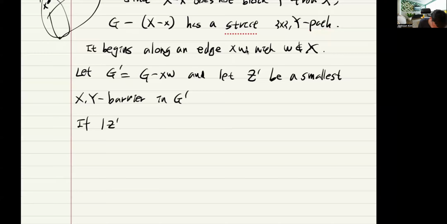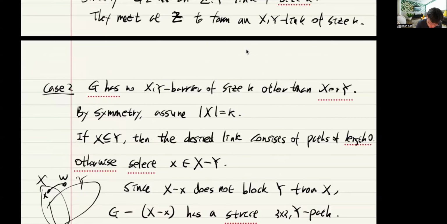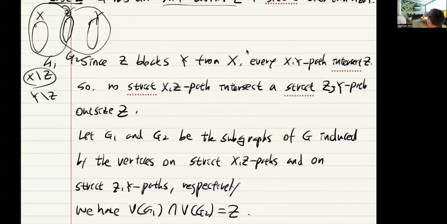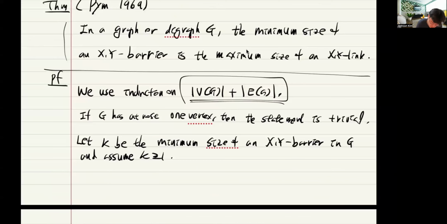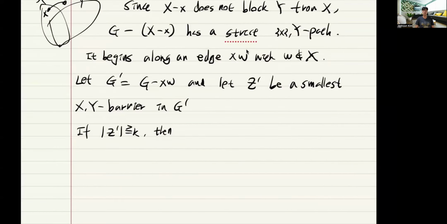If G prime has the same size K, then what? We can use the induction hypothesis. G prime has a smaller number of edges, and our induction was on the number of vertices plus the number of edges. It has the same number of vertices as G and a smaller number of edges.